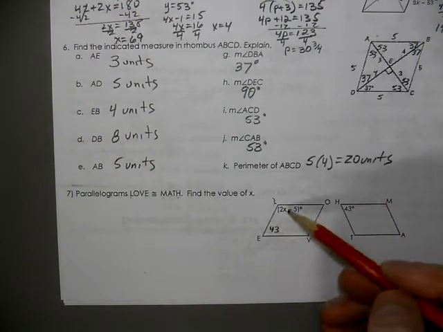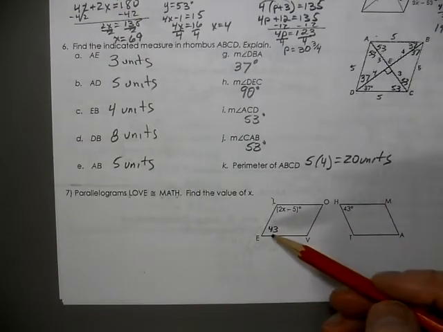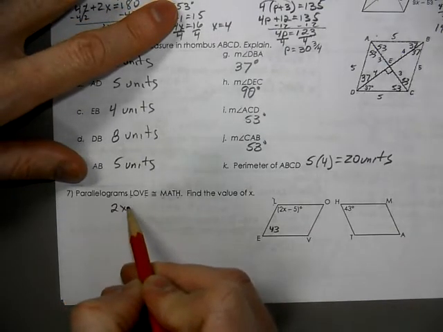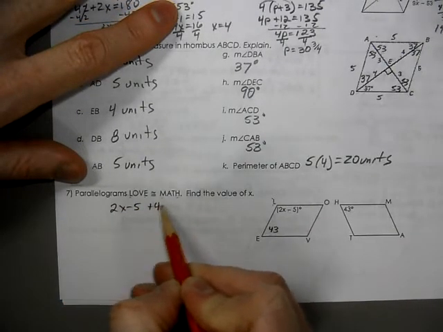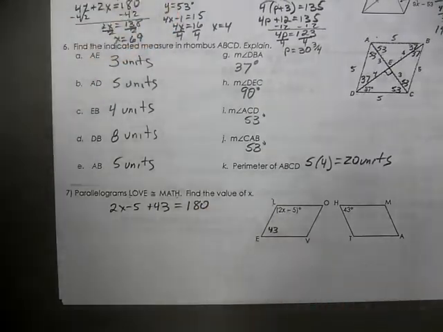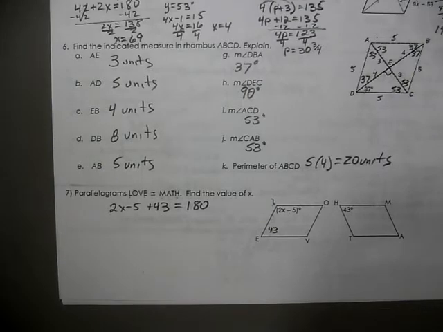So now we can see that those two angles are not congruent to each other, but they're supplementary. So 2x minus 5 plus 43 have to add up to equal 180. Consecutive interior angles of a parallelogram are supplementary.